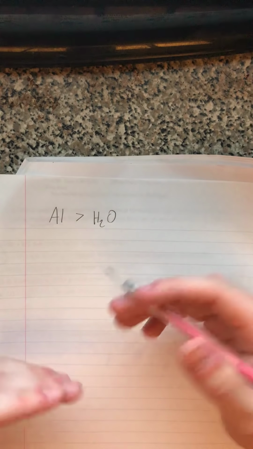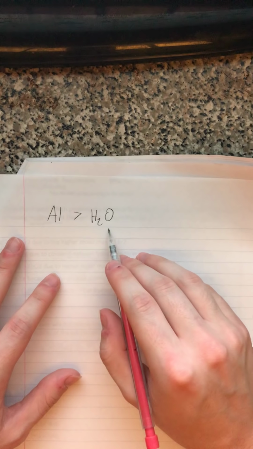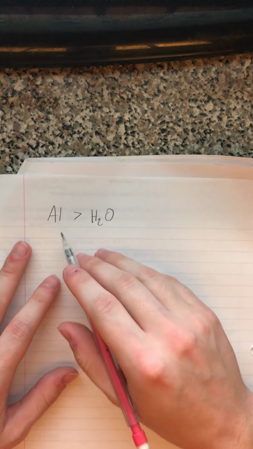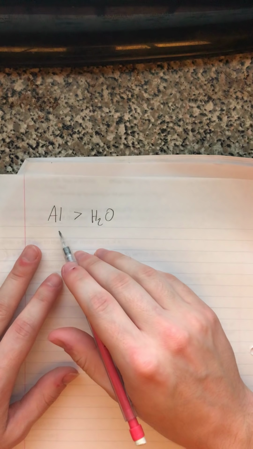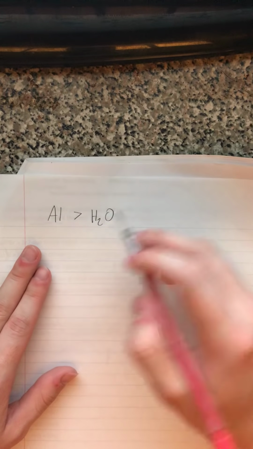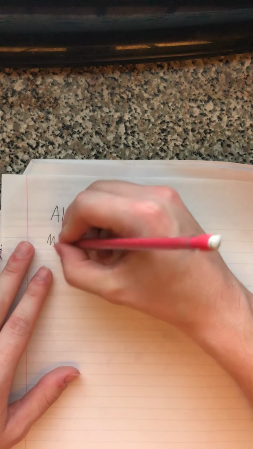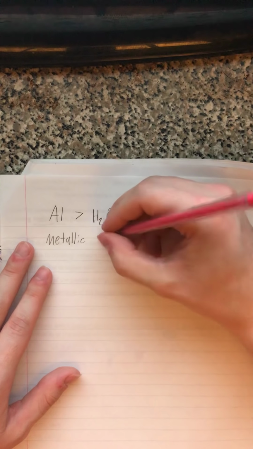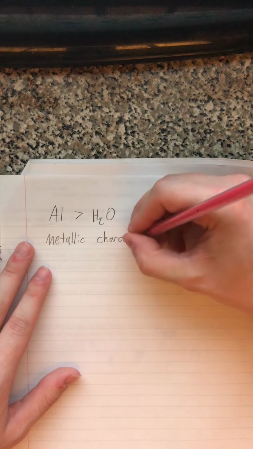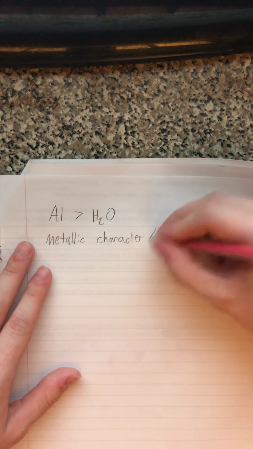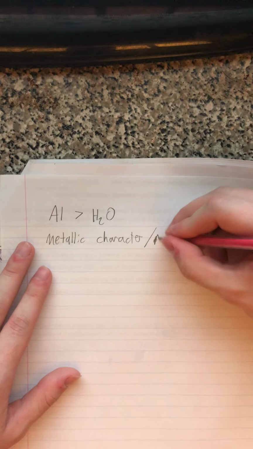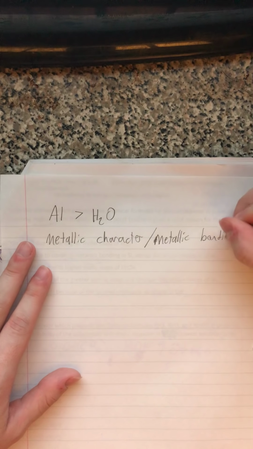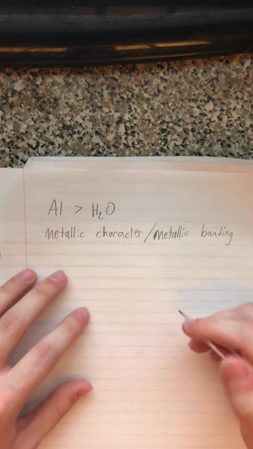So, you would think, all right, H2O is going to be the one that's higher, but for some reason, there's just this kind of concept that we didn't really talk about, which is, I think this is how WebAssign phrases it, metallic character, or metallic bonding.